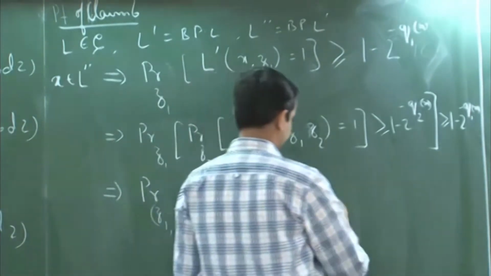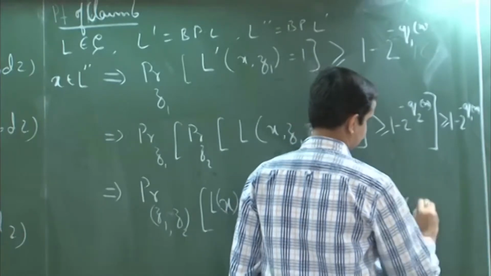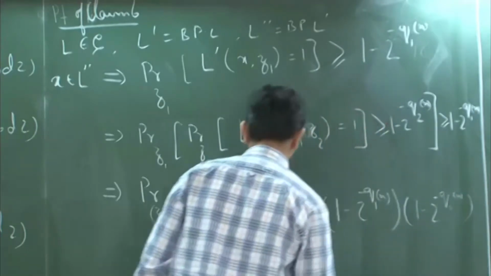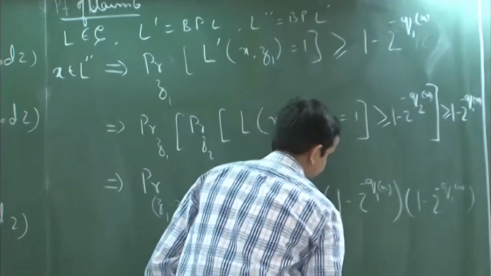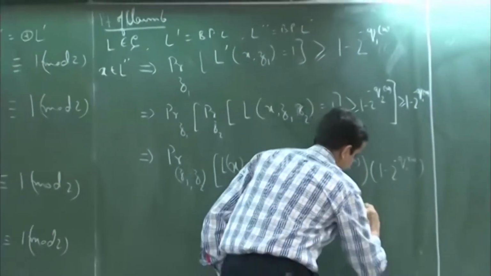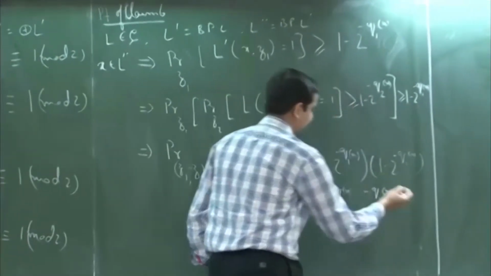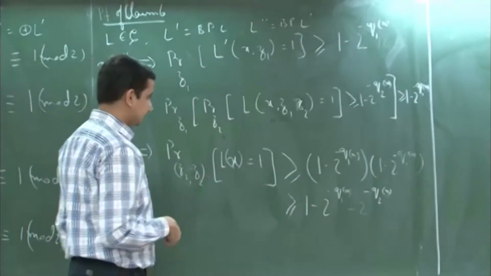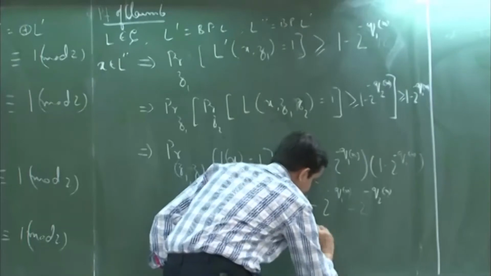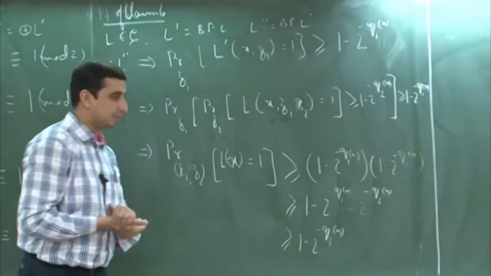So it is greater than 1 minus 2 to the power minus q1 of n times 1 minus 2 to the power minus q2 of n, which I can write as 1 minus 2 to the power minus q1 of n minus 2 to the power minus q2 of n, ignoring the last term since it is positive. This is greater than 1 minus 2 to the power minus q3 of n for some polynomial q3.